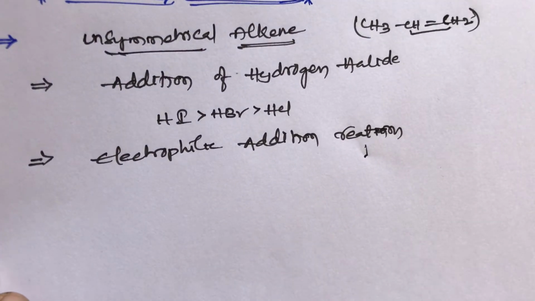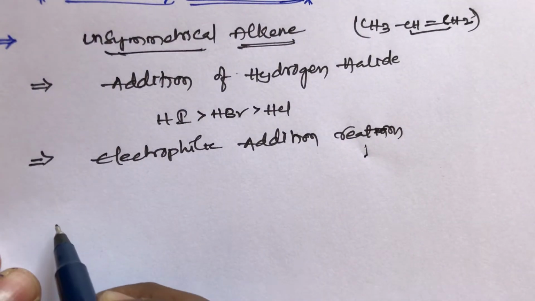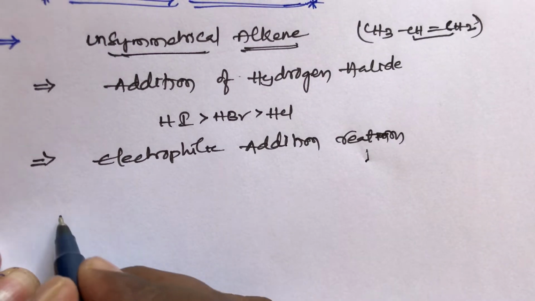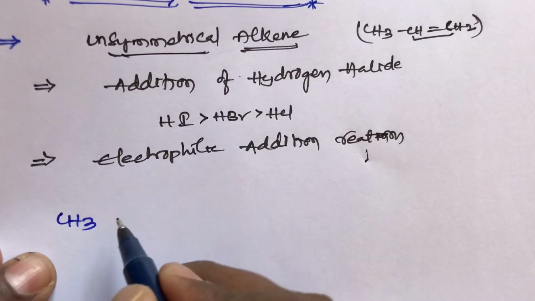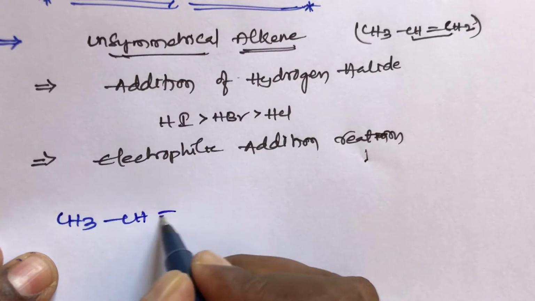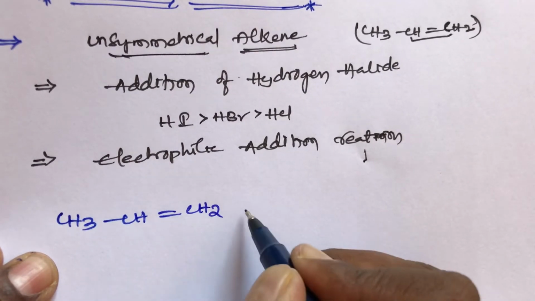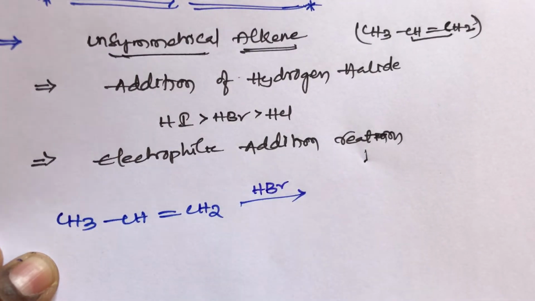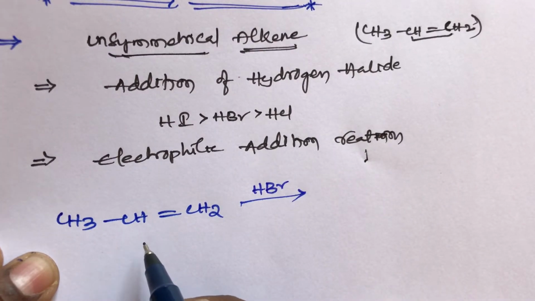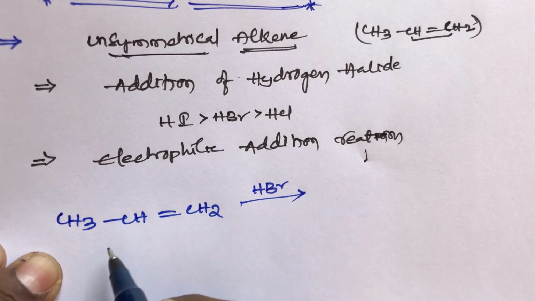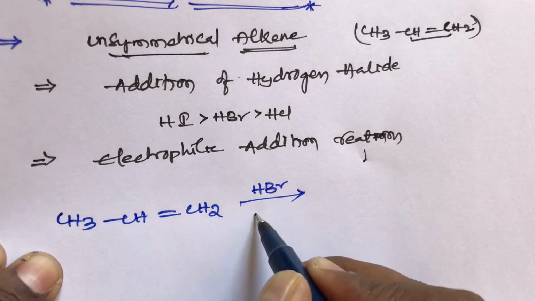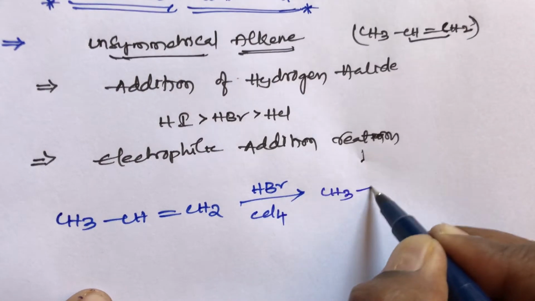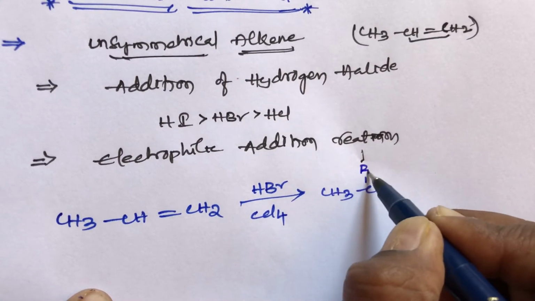Now take an example for Markovnikov rule. I am writing here CH3-CH=CH2, propene, reacting with HBr in the presence of CCl4 to give 2-bromopropane.